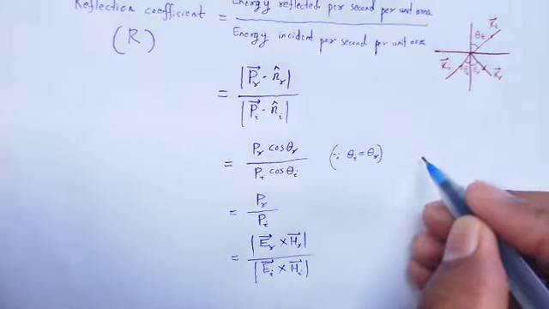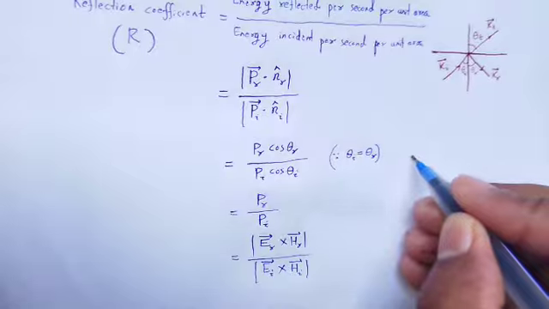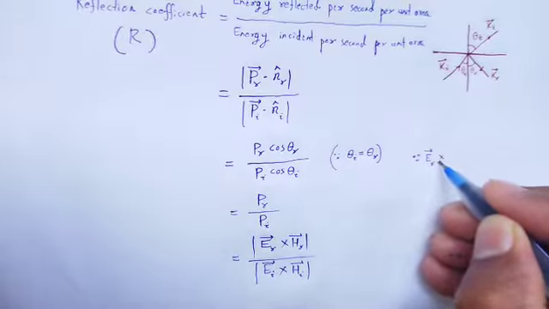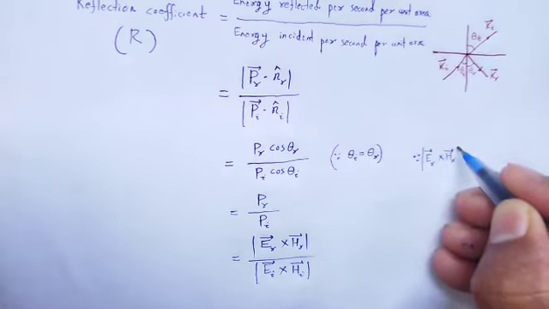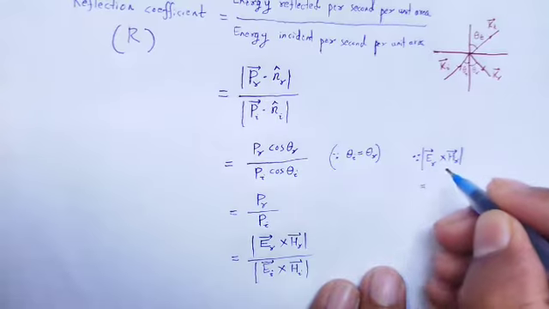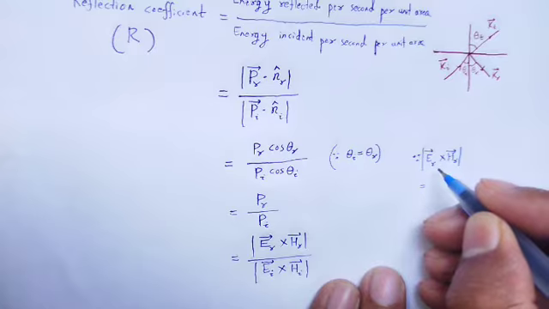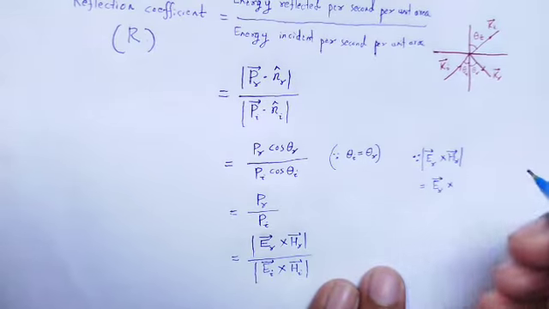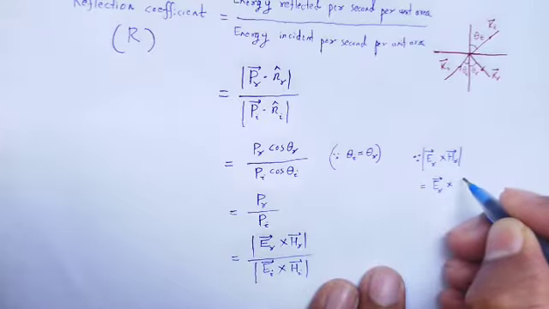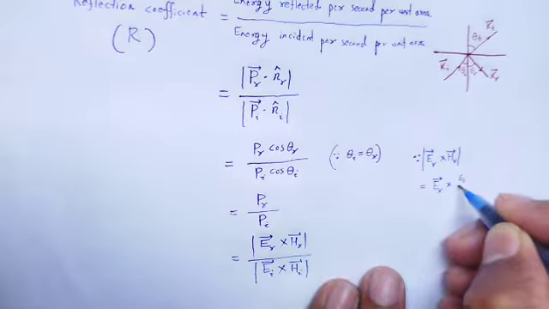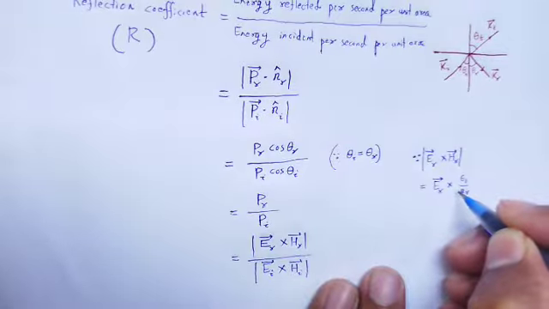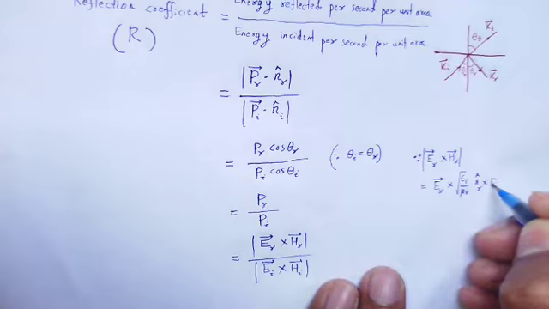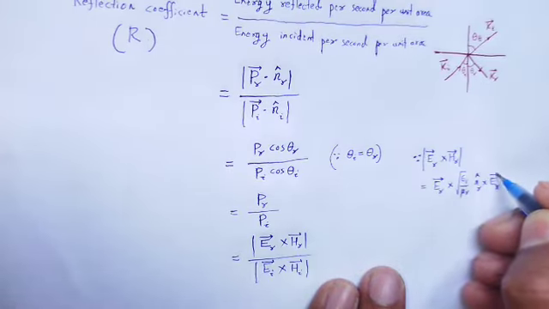Come here. E r cross H r vector is equal to E r vector cross, in place of H r vector, that is root of epsilon 1 by mu r, n r cap cross E r vector.